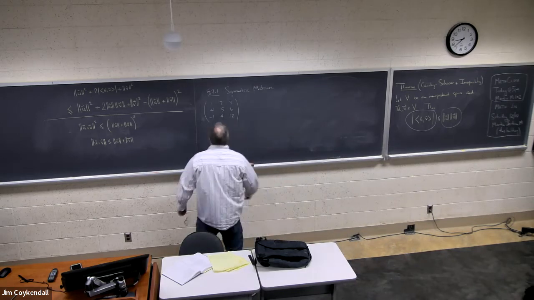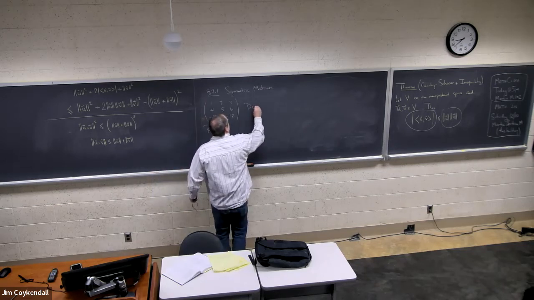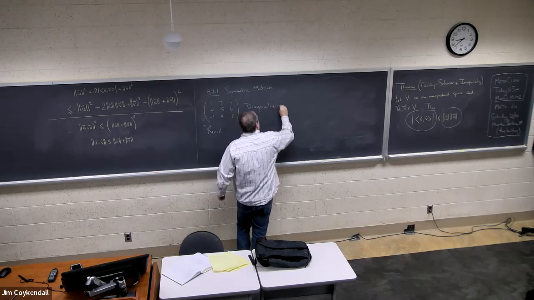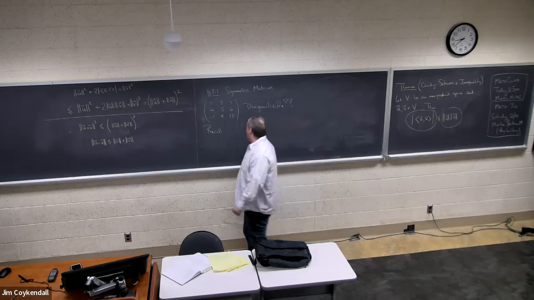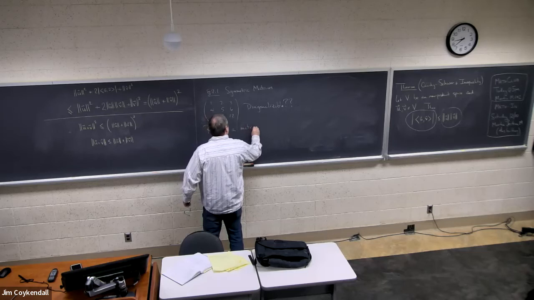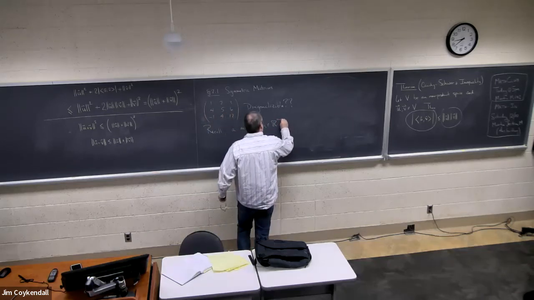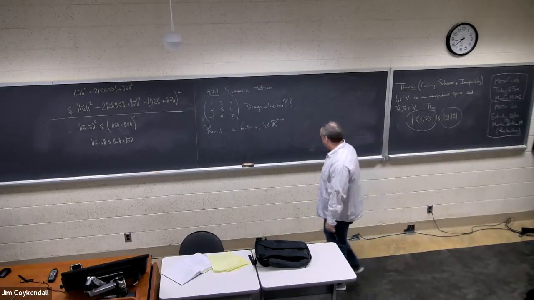Let me recall. Call a matrix A. Of course, to be symmetric, it has to be square.